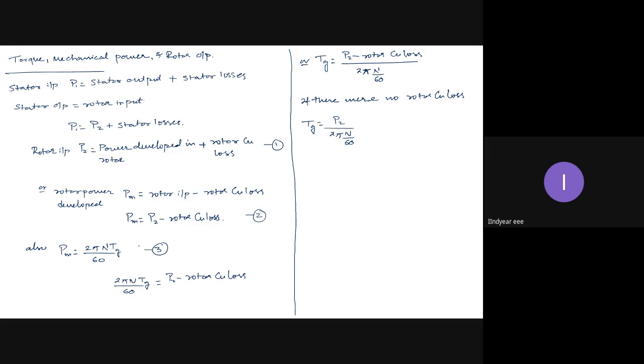I can also write Tg is equal to Pm divided by 2 pi n by 60; take this as equation 4.